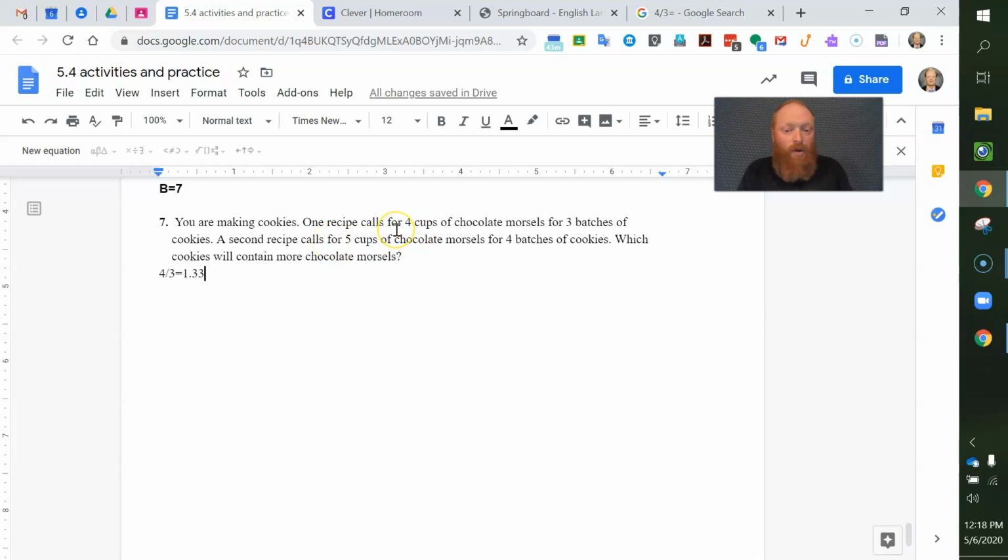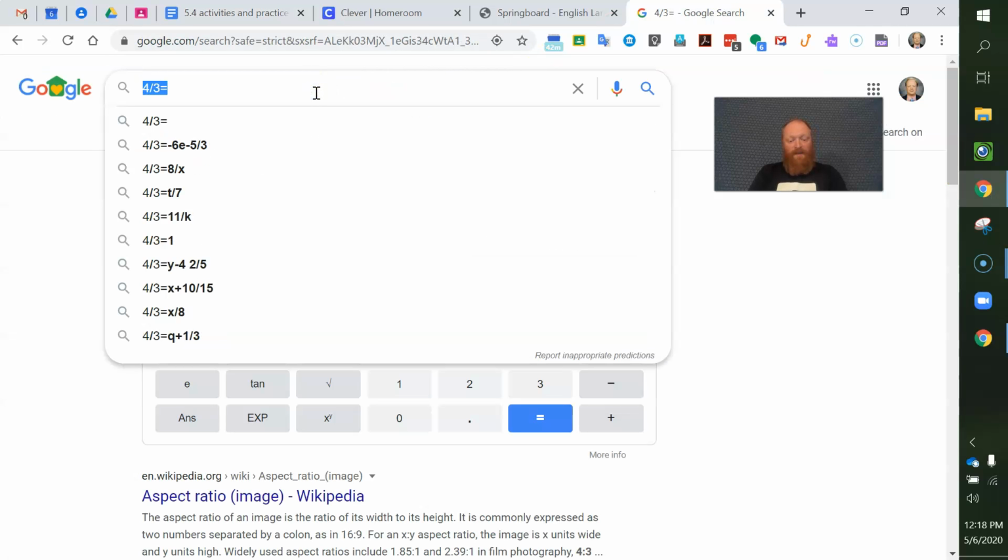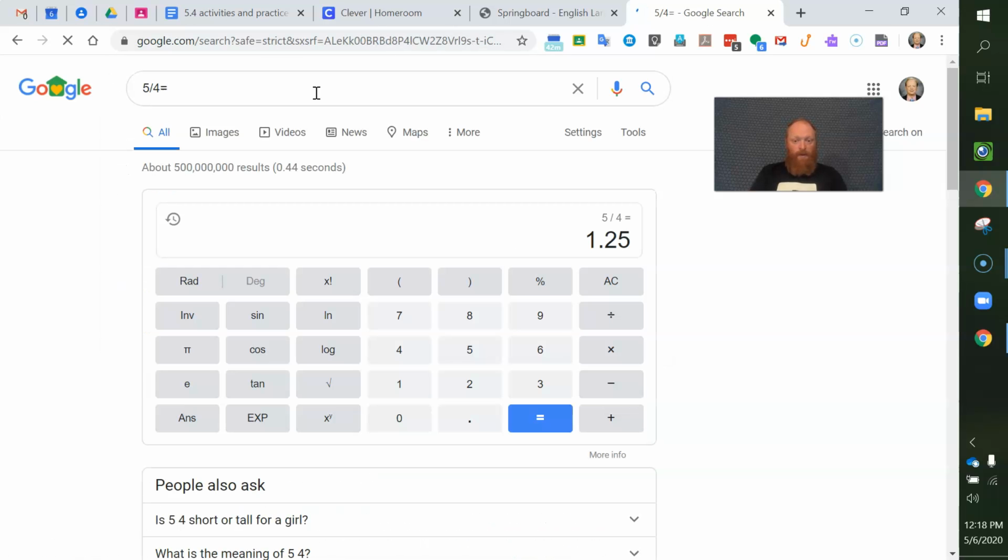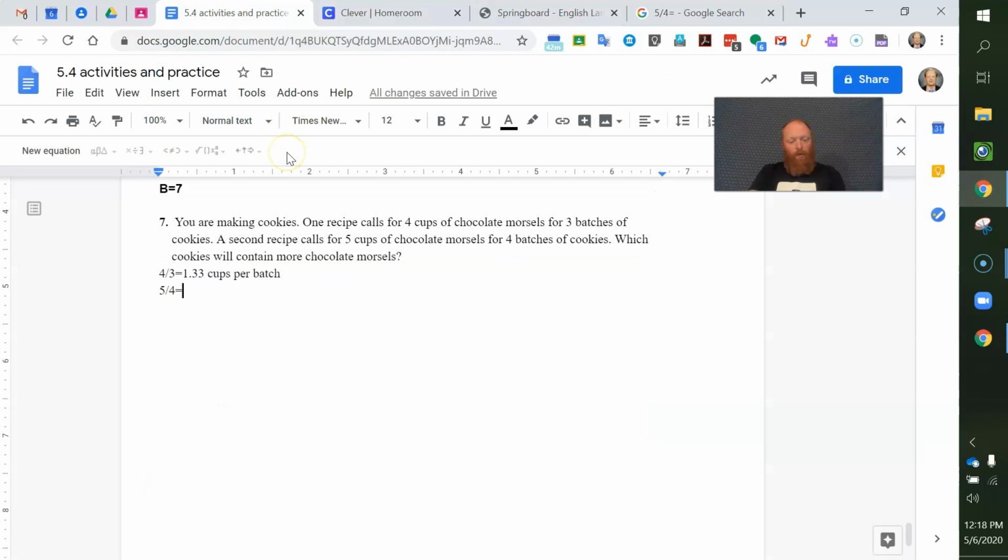So this is 1.33 cups per batch. And then 5 divided by 4 is equal to 1.25 cups per batch. Recipe 1 has more chocolate.